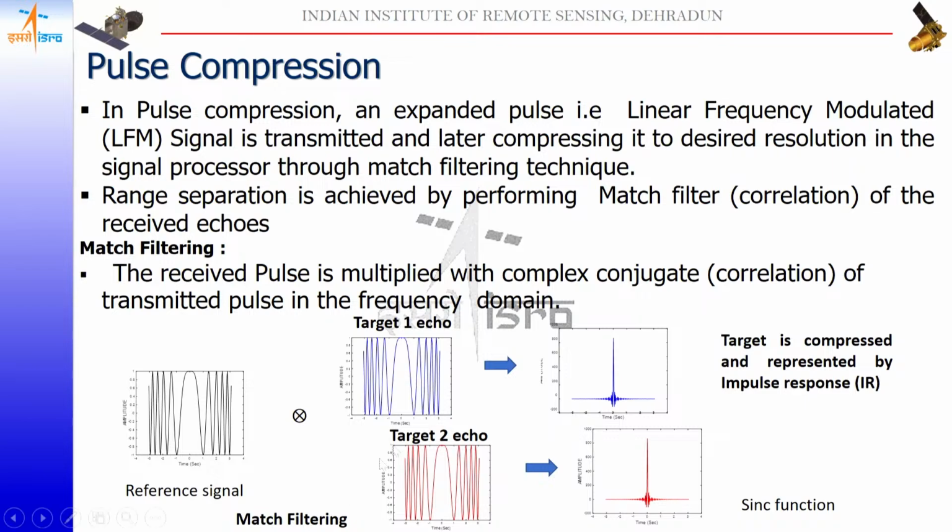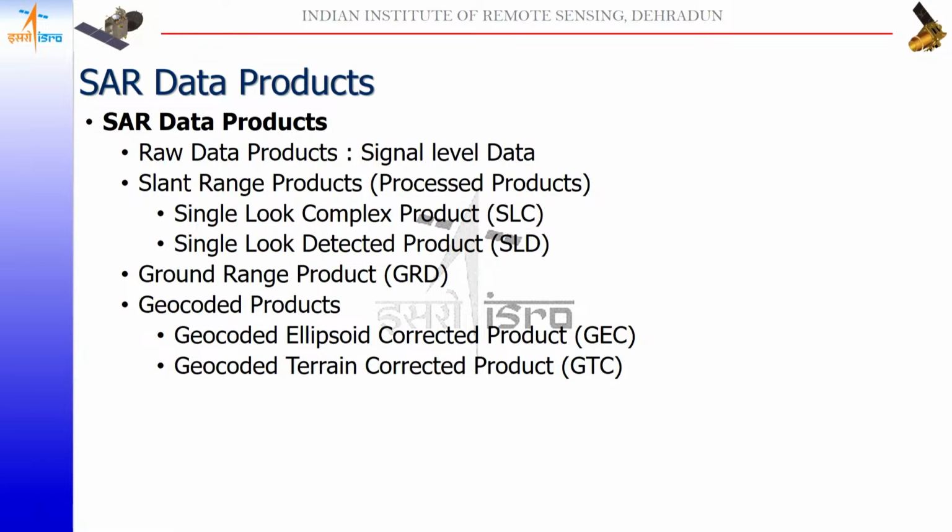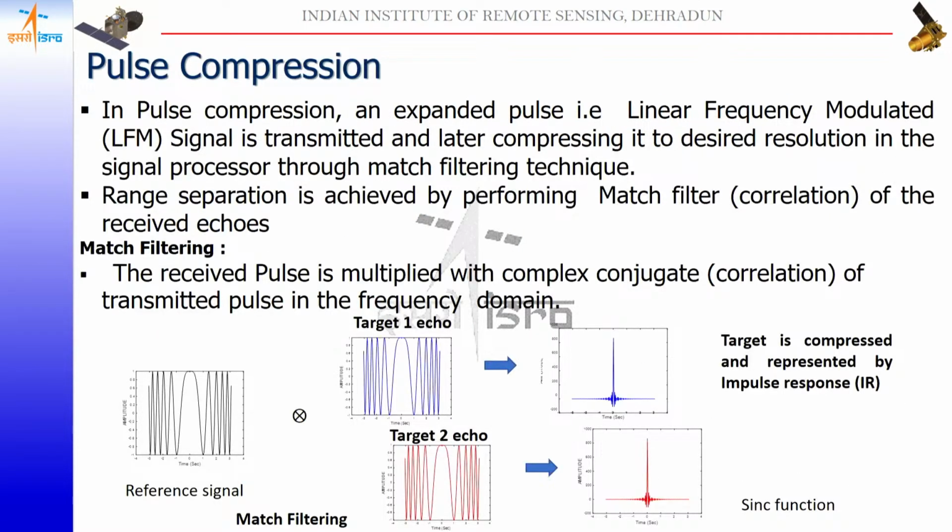So here you can see how the signal of SAR looks like. In case of a normal signal, as I told you in my earlier slide, it has a fixed frequency. But in case of a linearly frequency modulated signal, you can see here the frequency is lower and here the frequency is higher, and it is an elongated pulse having varying frequency.